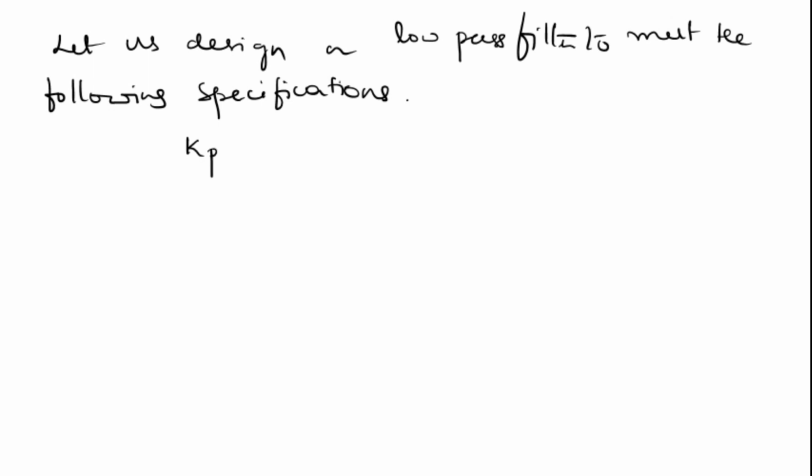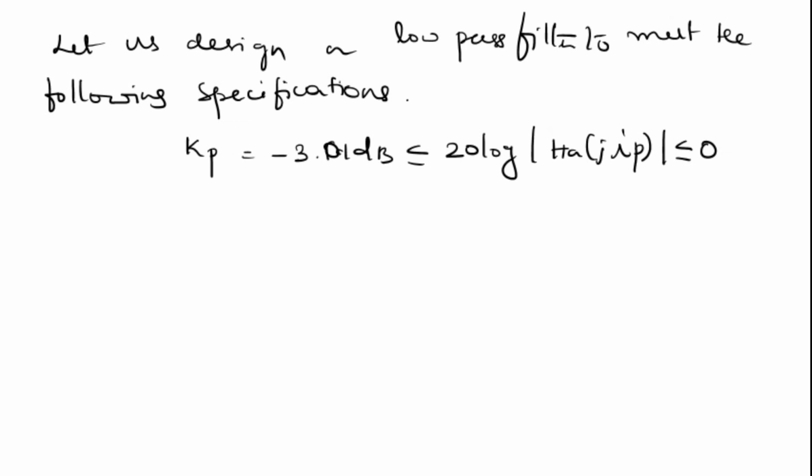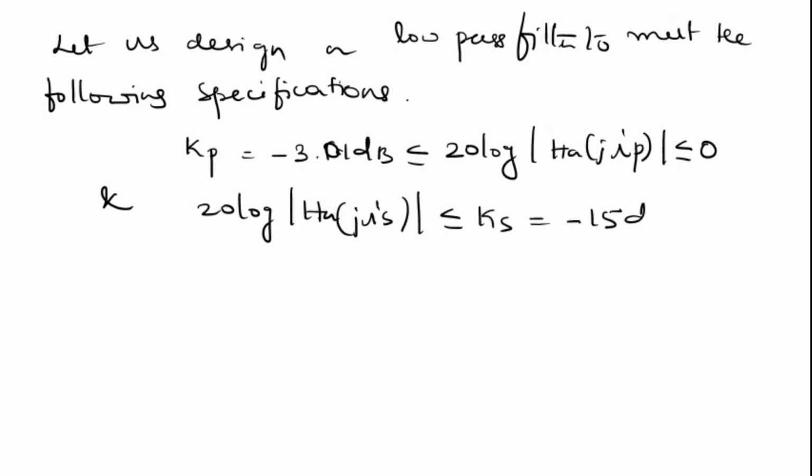Kp is equal to minus 3.01 decibels, less than or equal to 20 log of |Ha(j omega p dash)|, less than or equal to 0, and 20 log of |Ha(j omega s dash)| is less than or equal to Ks, equal to minus 15 decibel.